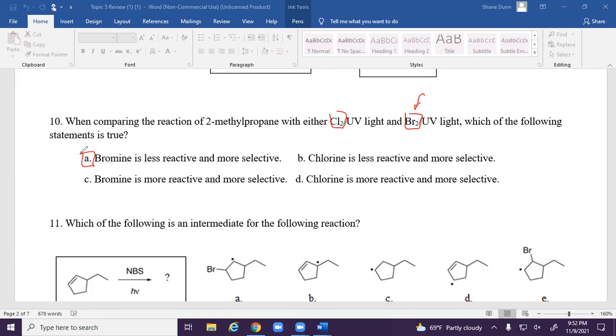Bromine is a truck. If you try to park your truck, you have to park in a place where you can fit your trailer bed. If you don't, someone's going to hit it, your truck's dead. So you have to be very selective of where you park the bigger molecule. So, A.